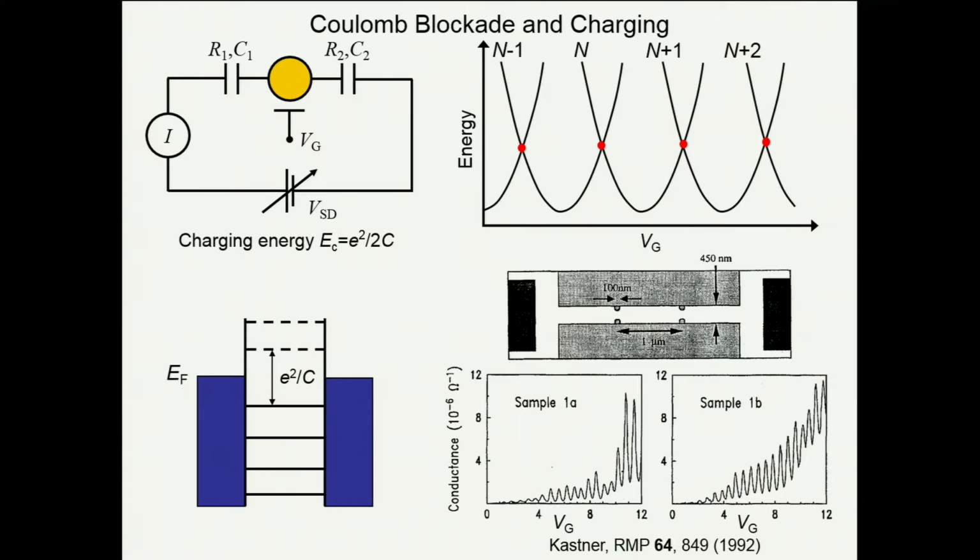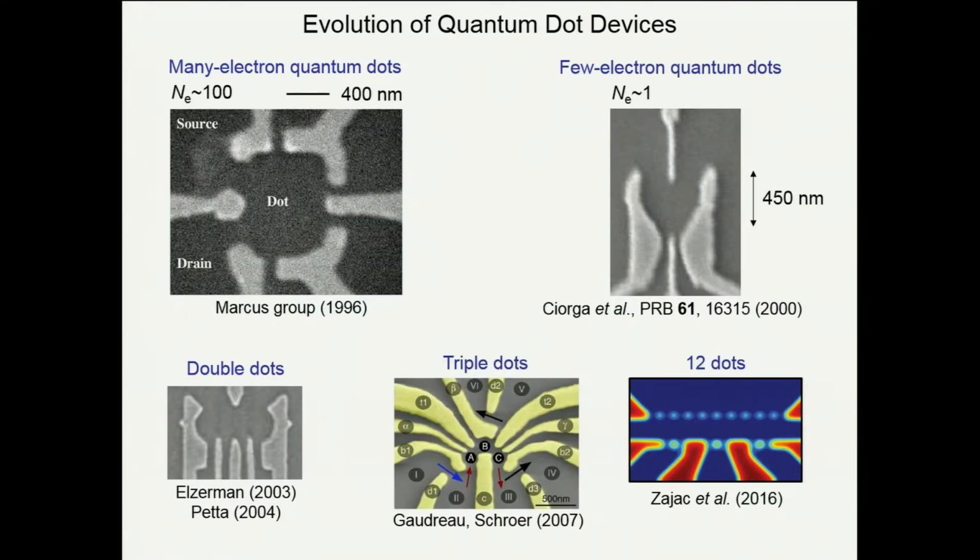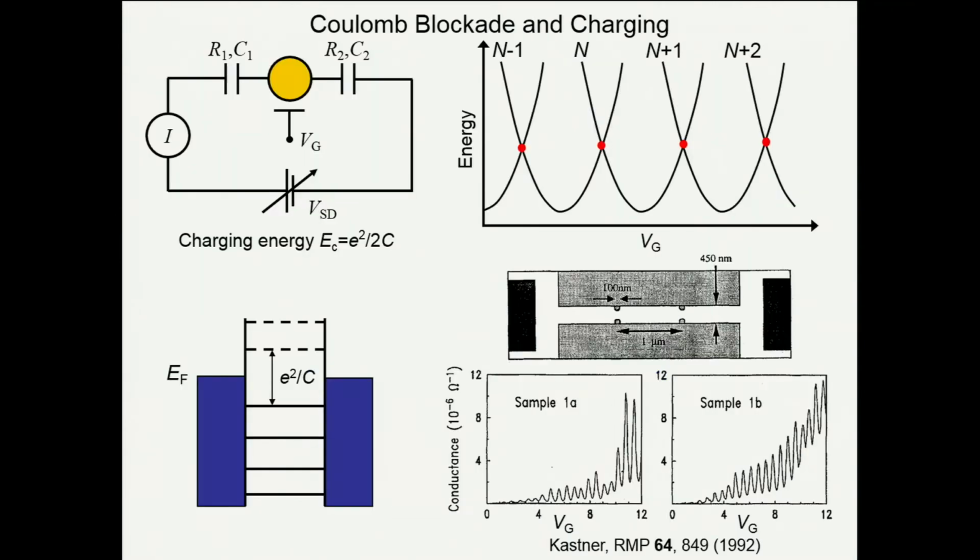So to compensate for this charging energy, what we can do is change the gate voltage. We can change the voltage on one of these gates. For example, if I make this voltage more positive, then it's going to become more energetically favorable to add an electron to this dot. So we can add electrons to the dot, 1 electron at a time, by increasing the gate voltage.